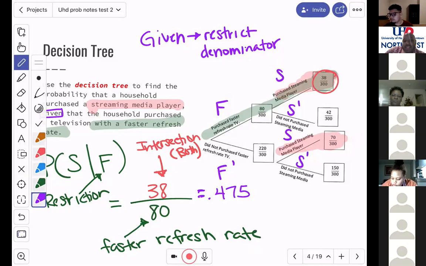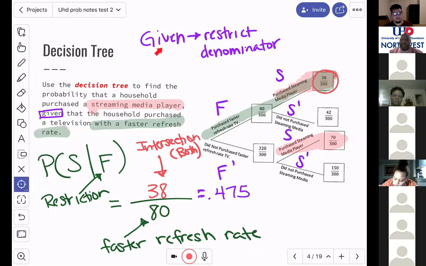And this is called a conditional probability. The condition you place is the given. The condition I'm placing is that they have to have a faster refresh rate to be in the sample. Are y'all okay with that?